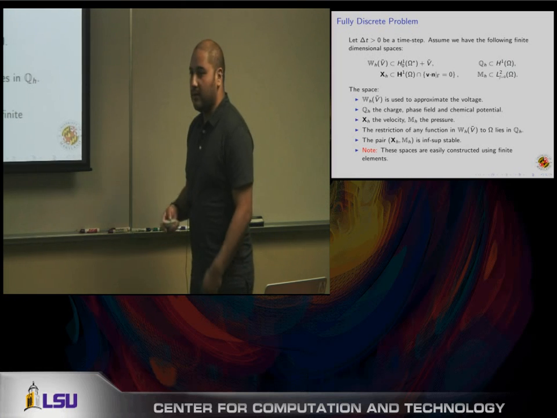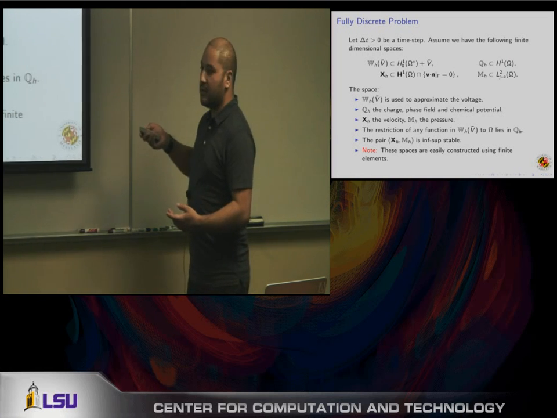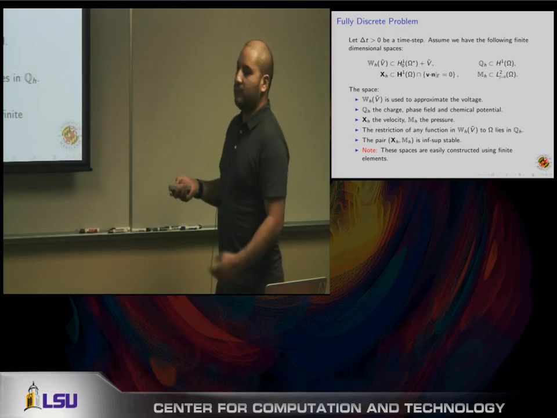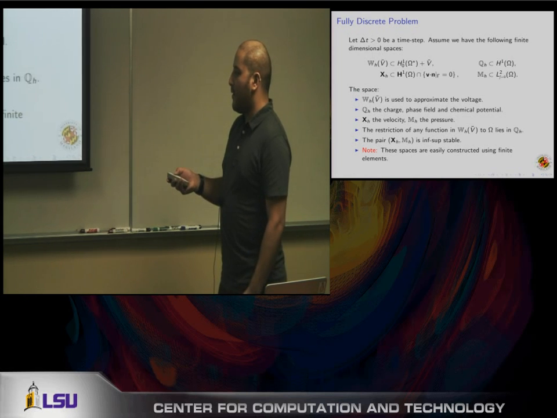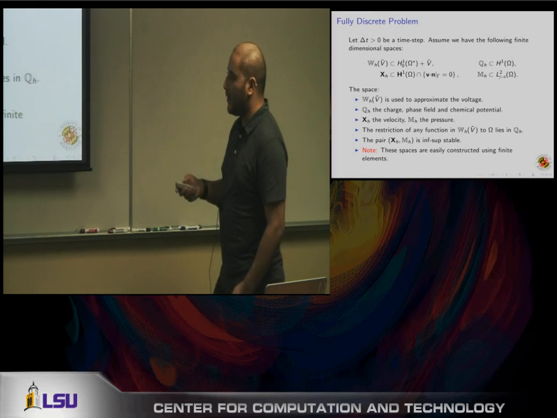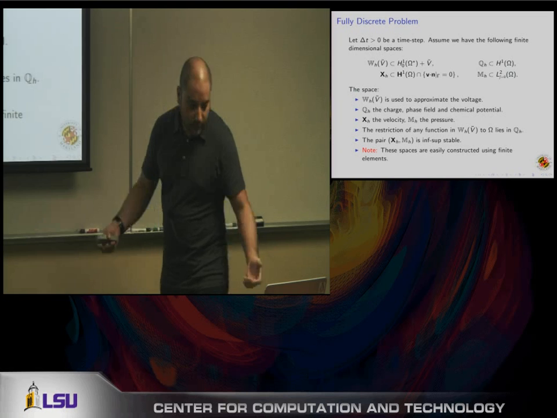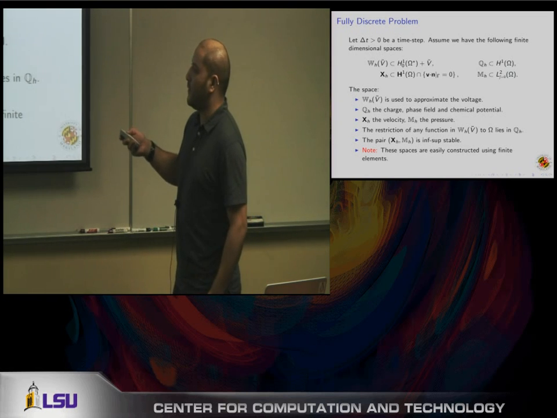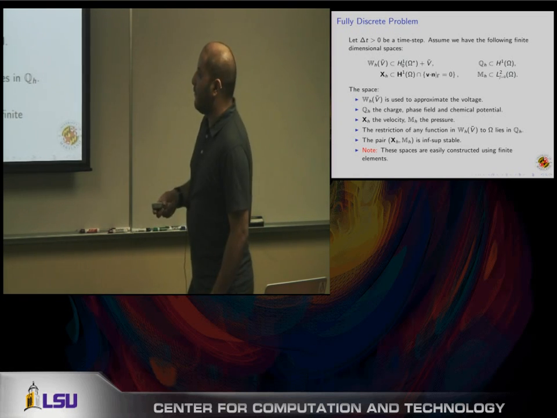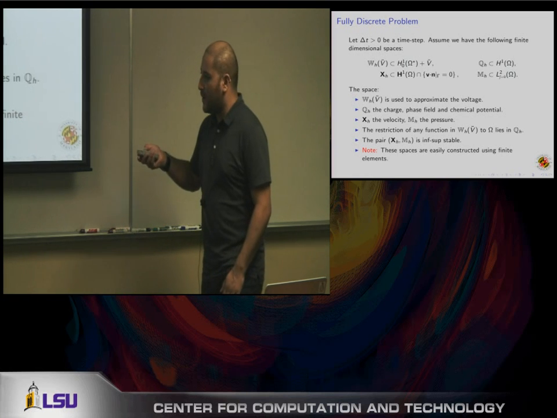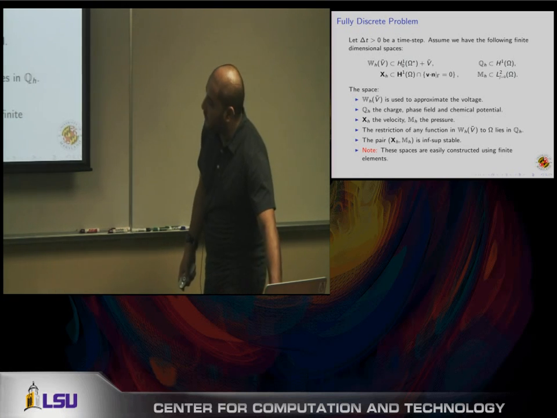Obviously, there's nothing extremely exotic about how to construct these spaces. If you construct the mesh in a reasonable way, this is trivial, and there are several examples of how to construct this. So we know that such spaces exist. We know that they have nice approximation properties, and they satisfy the conditions that we want.